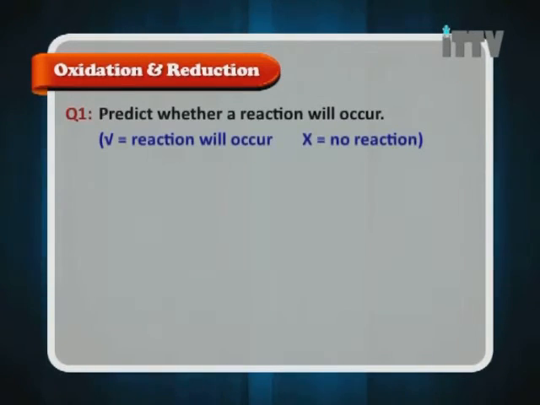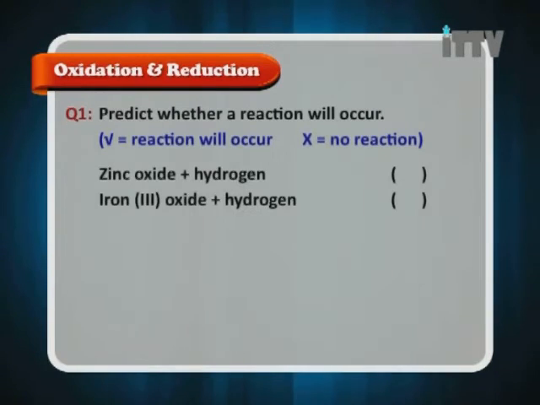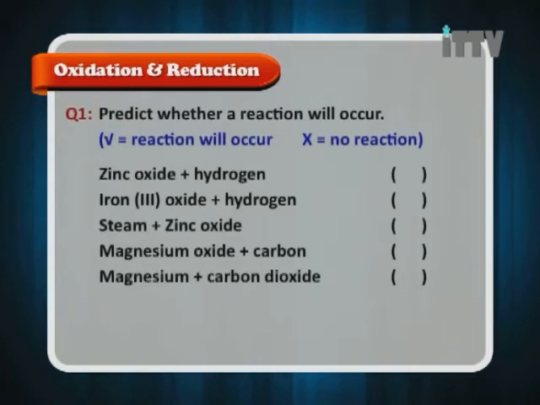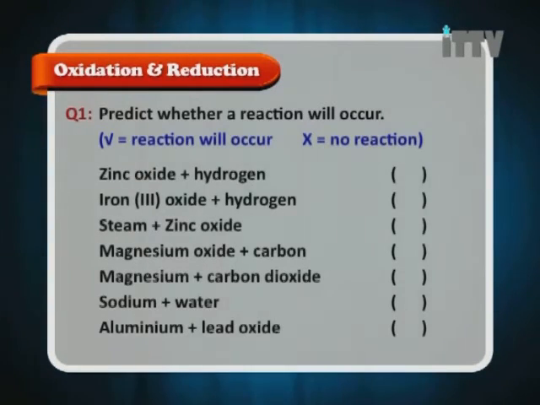Okay, let's look at our first question for today. Predict whether a reaction will occur, ticking correct if a reaction happens and wrong if no reaction. So, would zinc oxide react with hydrogen, or iron trioxide react with hydrogen? Steam plus zinc, magnesium oxide plus carbon, magnesium plus carbon dioxide, sodium plus water, aluminium plus lead oxide.